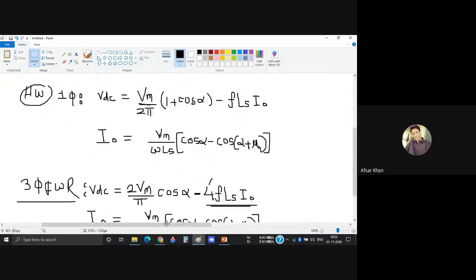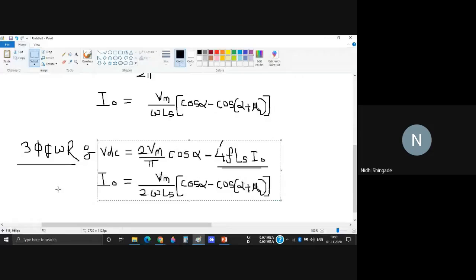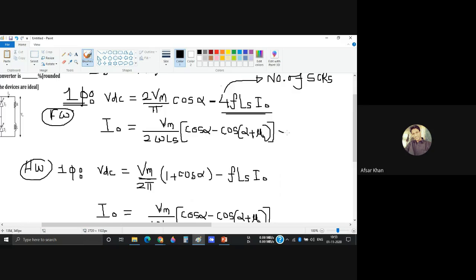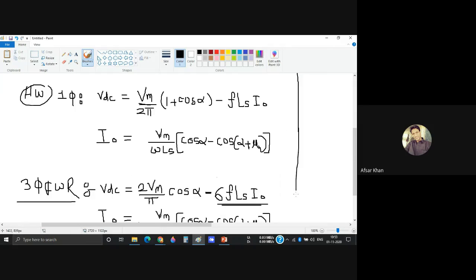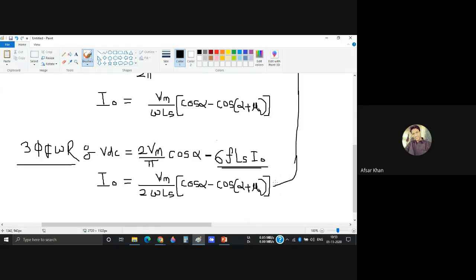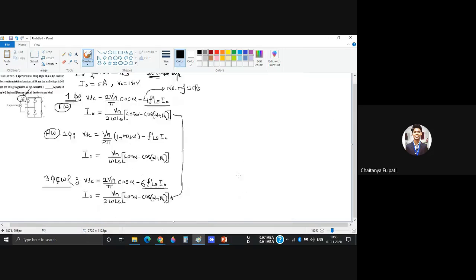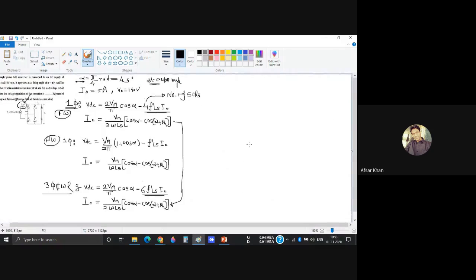Yes, in 3 phase you are using 6 SCRs. So this 4 will be 6, that is 6 f Ls I naught. And the current is the same as in the single phase full wave rectifier. The same will be in your 3 phase full wave rectifier. Is it okay, students? Yes, sir. So these are the formulas.